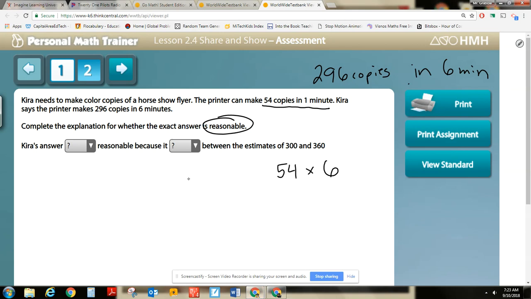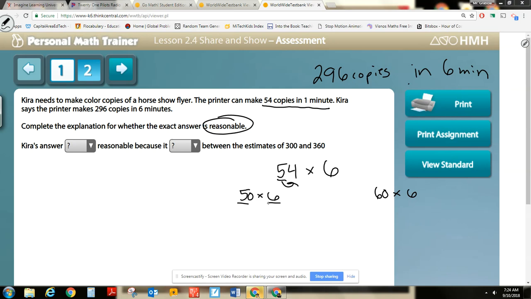So let's do 50 times 6 and then 60 times 6, right? We know that 54 would round to 50, right? If we're just finding the exact estimate, but we're finding that range.